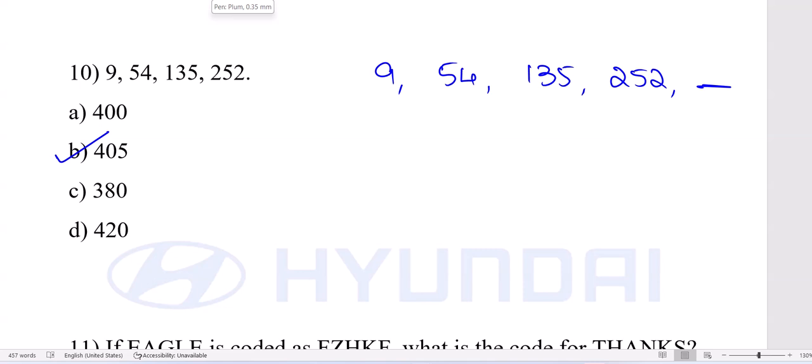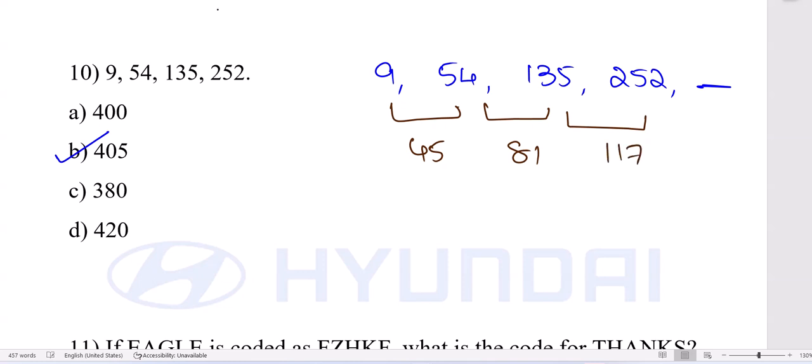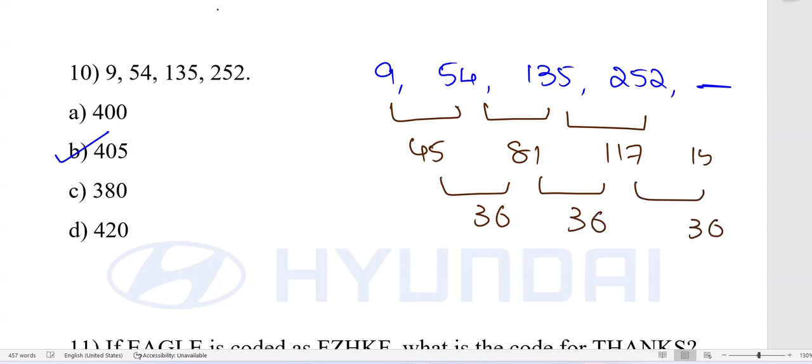The original logic is that it is slowly increasing. You can take the difference between numbers. The difference is 45. Here the difference is 81. Here the difference, if you check, is 117. Here a 36 difference, here a 36 difference. Again 36 required means 153. For 252 with 153 added, it's 405.